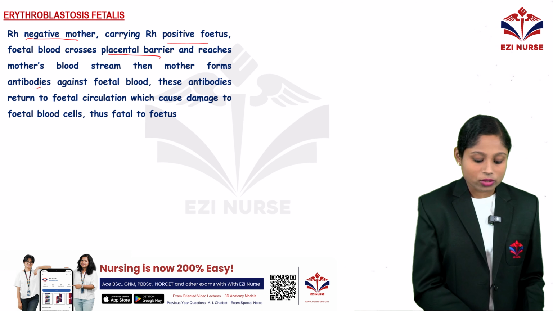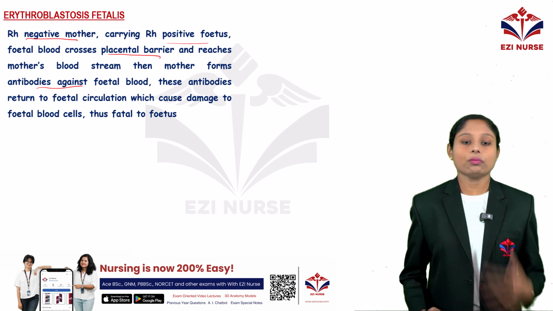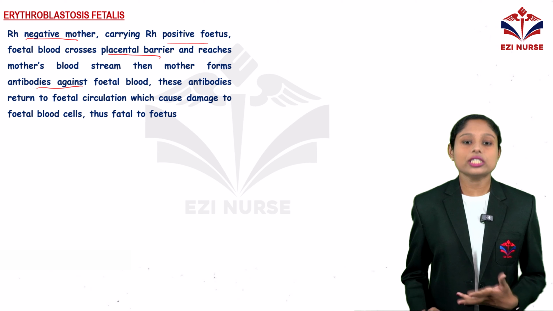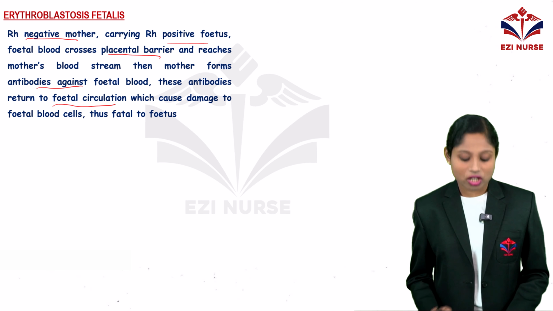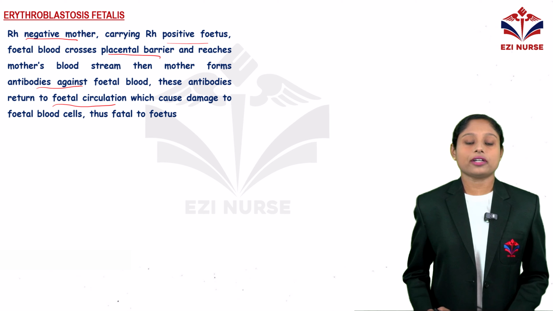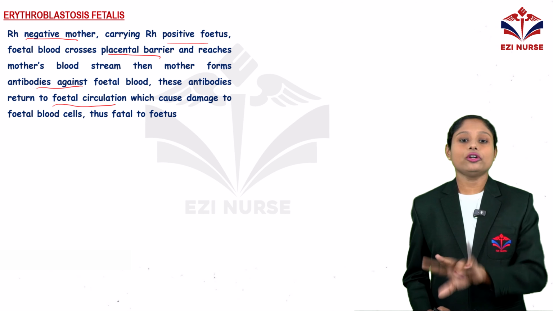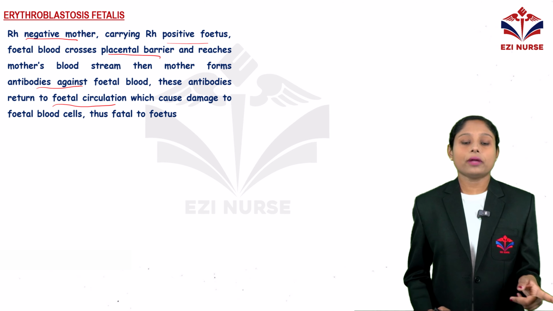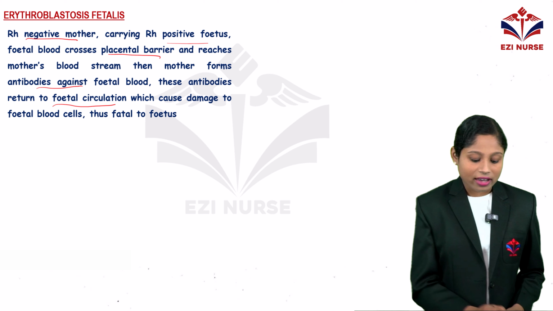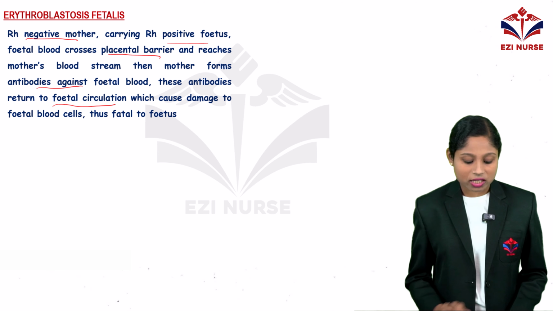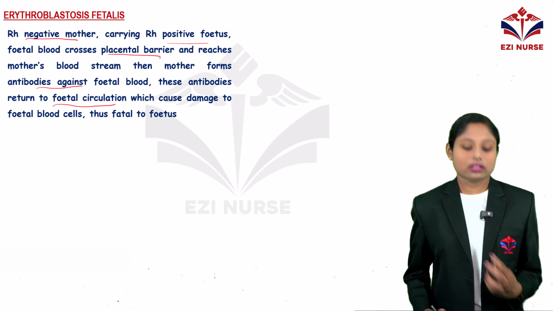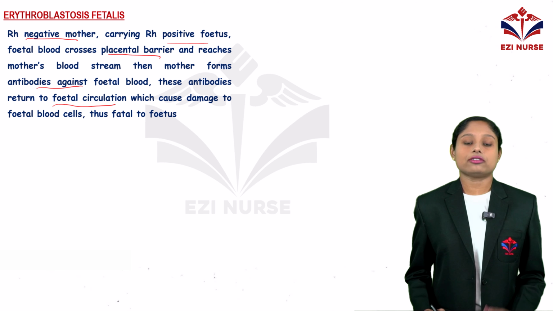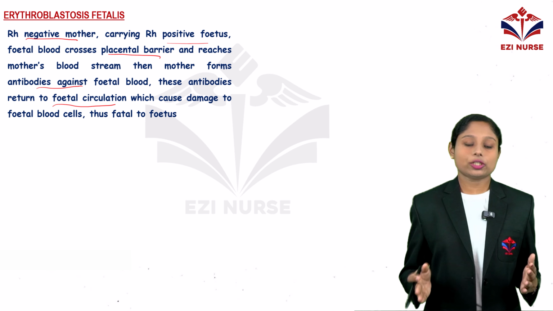Then the mother forms antibodies against the fetal blood. These antibodies return to the fetal circulation, which causes damage to fetal blood cells that is fatal to the fetus. So it can kill the fetus. That's erythroblastosis fetalis: an Rh negative mother with an Rh positive baby.